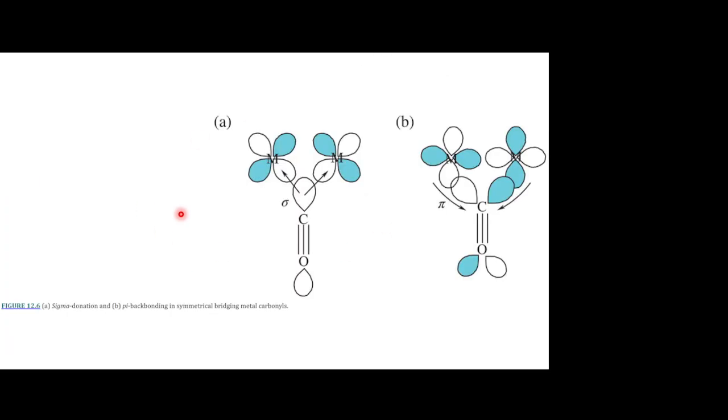So this is what this sort of thing is going to look like. Here we have a sigma donation, where your sigma donates into those orbitals and makes the connection with the coordinate right there. And this is where we have a pi orbital making this donation. Can you see the sort of difference there?